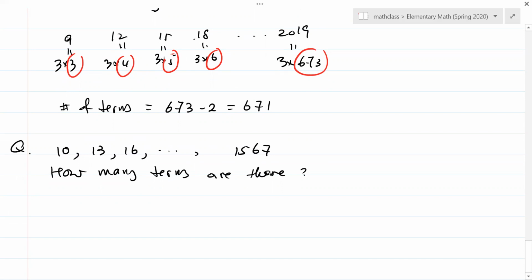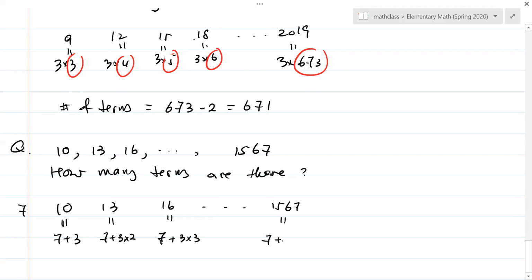The term before 10 is 7. So 10 is 7 plus 3. Then 13, you add another 3, so 7 plus 3 times 2. 16 you add another 3, so 3 times 3, and keep it going.